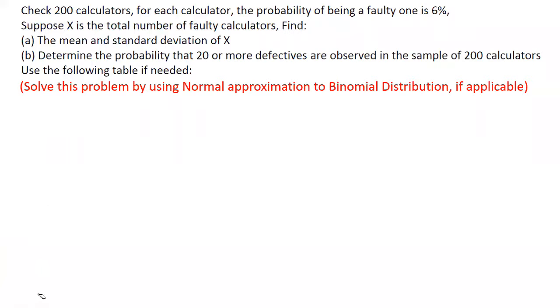Before we solve the mean and standard deviation, we need to find that X here apparently follows a binomial distribution. Two parameters, N is 200, P is 0.06, right? Because you conducted 200 trials, and in each trial, the probability of success, or being a faulty one, is 6%. Okay, that means our Q is 1 minus P, which is 0.94.